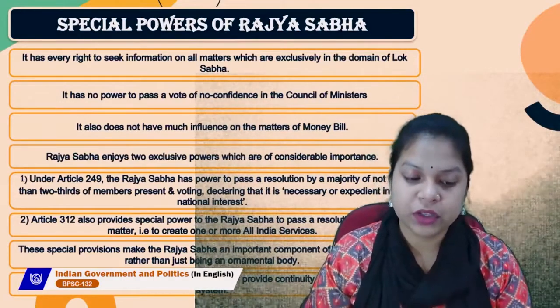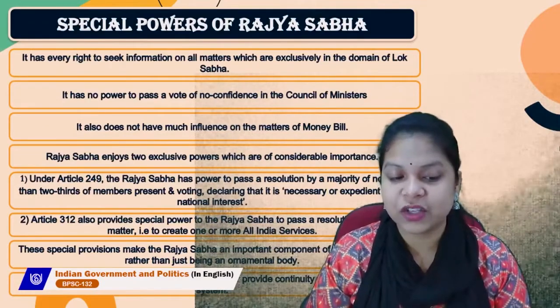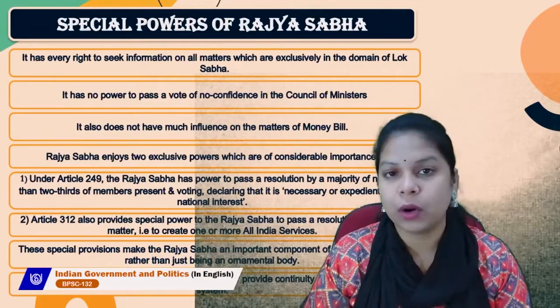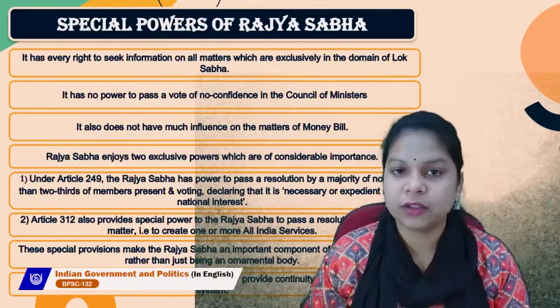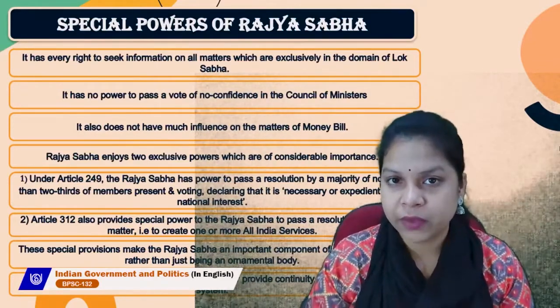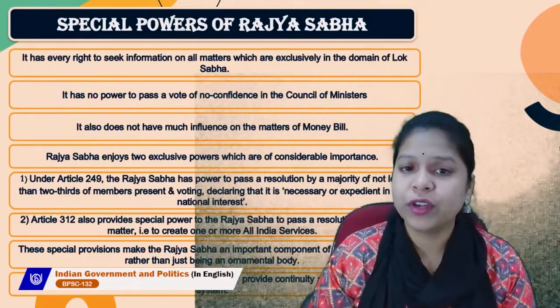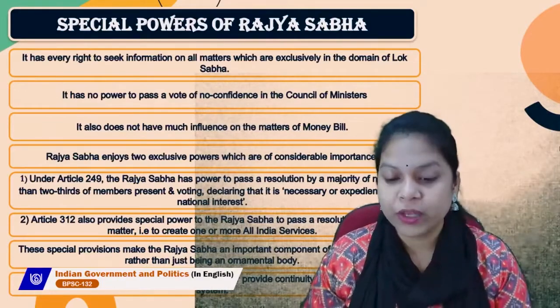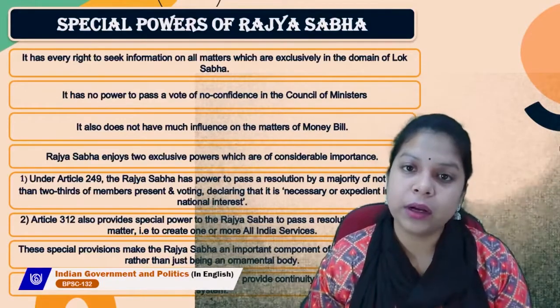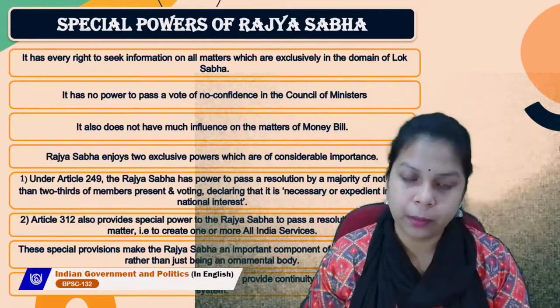These special provisions make the Rajya Sabha an important component of Indian legislature rather than just being an ornamental body. So it feels like Rajya Sabha has not that much role to play in Indian politics, but we should understand that Rajya Sabha has a few special powers which make it an important component of the Indian legislature and not only an ornamental body.